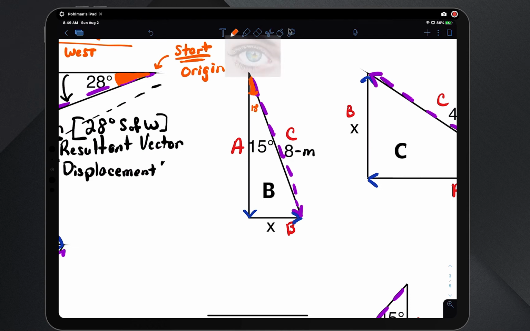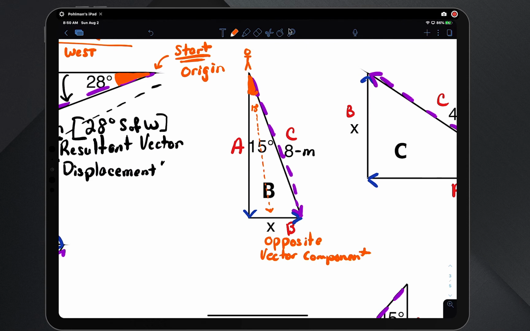If this is an eyeball that's looking out, which side is opposite to where that angle actually is? If this person is standing right here and they're looking out of that corner, which side is opposite of them? That's side B. This is the opposite side right here. So this would be the opposite side, and again, that is one of our vector components.